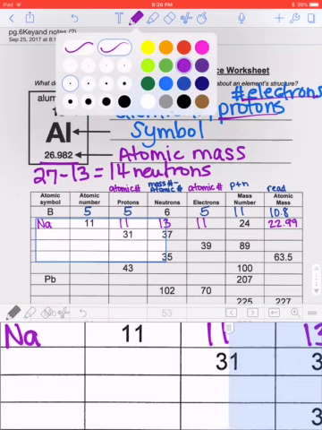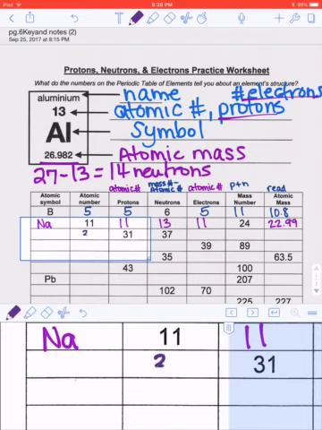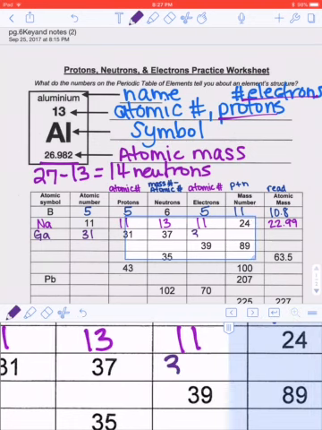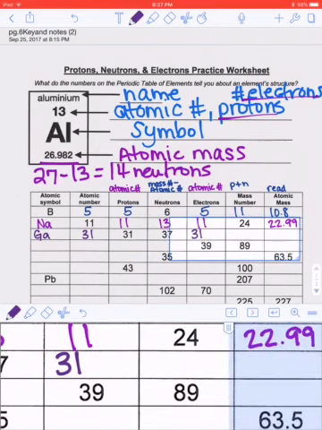Alright, next it gives us number of protons. What is the number of protons same as? Atomic number. So 31. So I'm looking for number 31. I see that the symbol for that is Ga, that's gallium. Since it's number 31, it has 31 protons, also has 31 electrons. For the mass number, I add the protons plus the neutrons, so 31 plus 37.